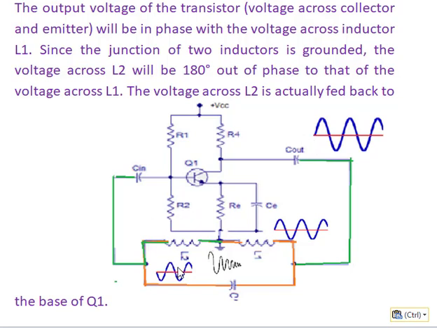So this inductor coil alters 180 degrees, and the transistor again shifts 180 degrees. So totally the 360 degree phase is shifted, that is equal to 0 degree. So you will get the sine wave like this in the output.